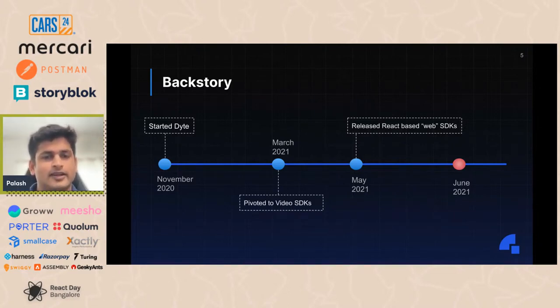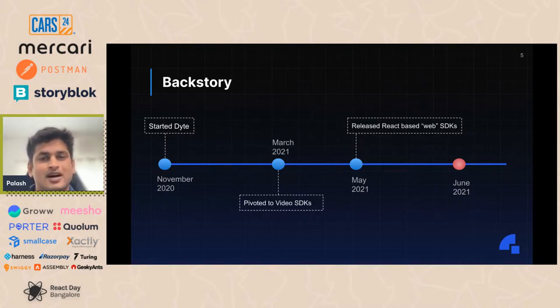Midway through Y Combinator, we realized that we could switch to the video SDK domain. And in March, we pivoted to developing video SDKs. To give you more context, we were competing against Agora, Twilio, allowing people to embed real-time live audio video in their own apps.